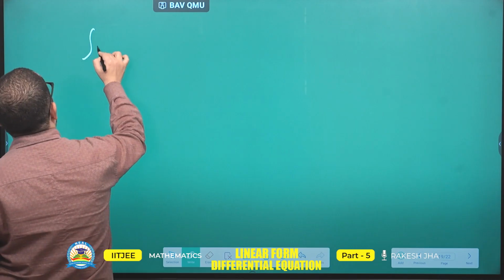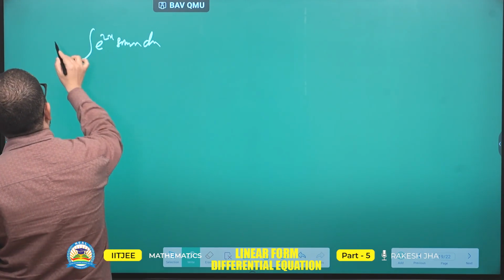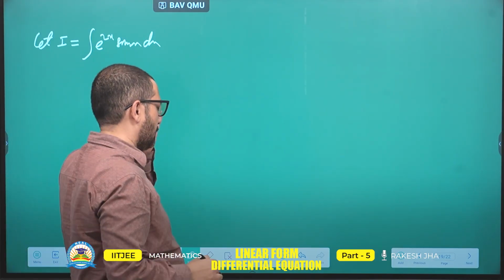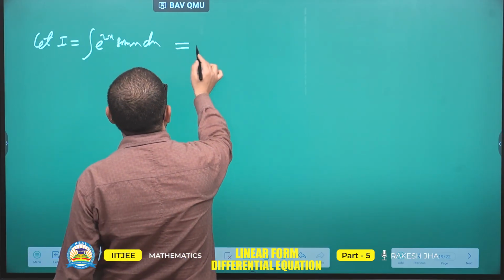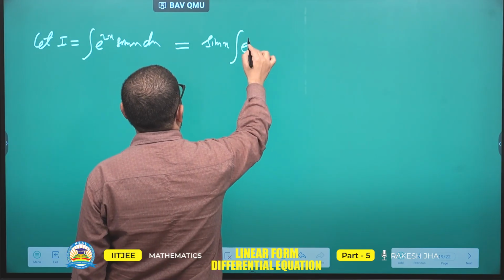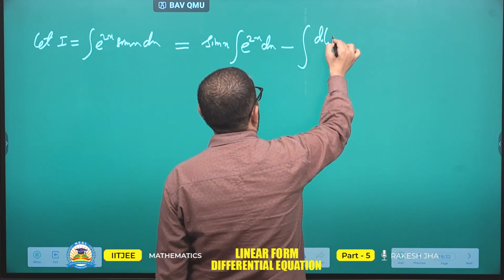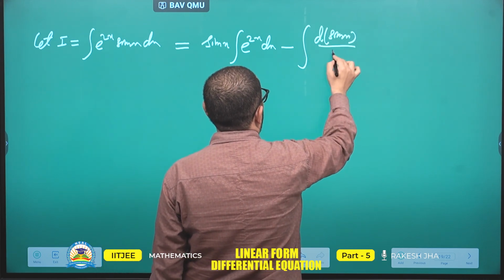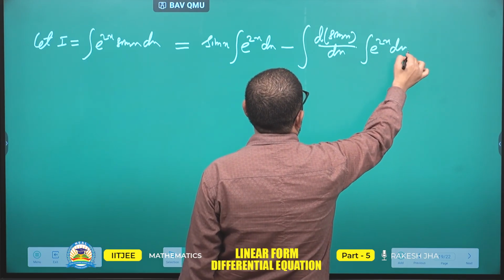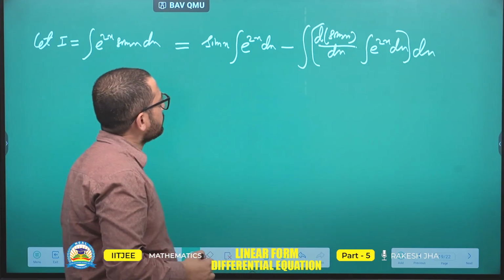So the integral of e raised to the power 2x sin x dx, let I be equal to the integral of e raised to the power 2x sin x. So this can be equal to sin x times the integration of e raised to the power 2x dx, minus the integration of the differentiation of sin x times the integration of e raised to the power 2x dx, and again we have to find the integration of the entire portion.